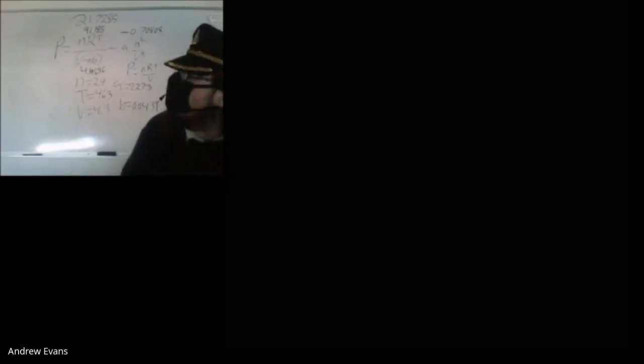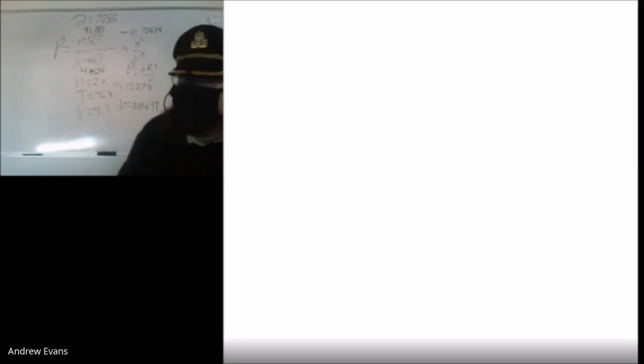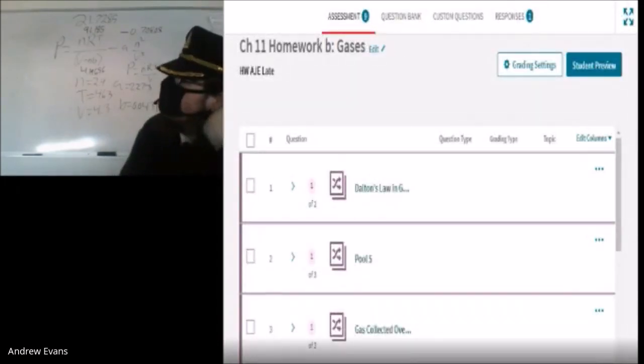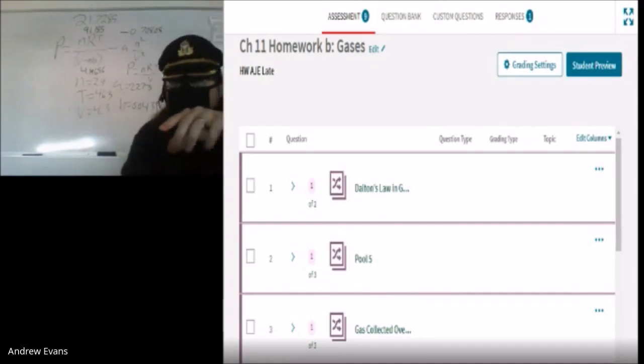With that in mind, let's find the assessment for the stoichiometry. Start looking at some of that. So, for the gases, be able to do simple pressure to volume, volume to pressure, or pressure to temperature, temperature to pressure, or volume to temperature, temperature to volume.